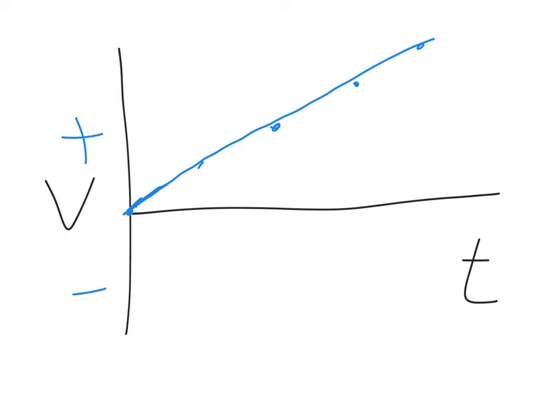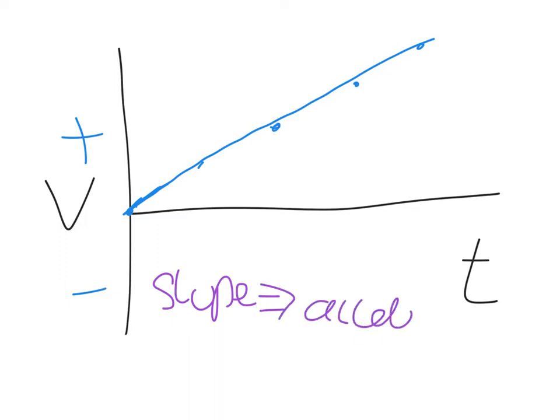If velocity is a change in position over time, and the slope of a position time graph gives you velocity, and acceleration is a change in velocity over time, the slope of a velocity time graph will tell you what the acceleration is. Because all acceleration is a change in velocity, so your change in y over your change in x, delta v over t.